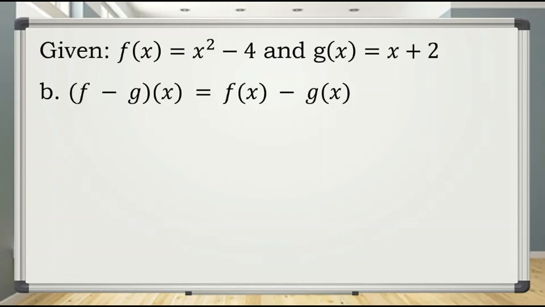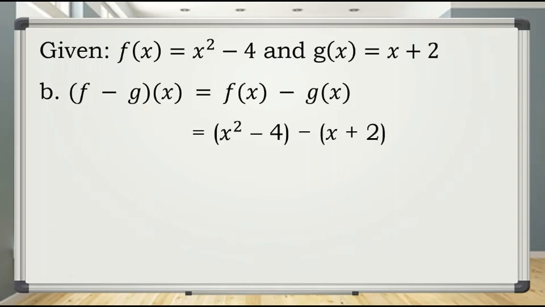So take f of x and then subtract the function g of x. Substitute lang natin yung given ng f of x, which is x squared minus 4. Bring down the minus sign, and then yung function ng g of x, which is x plus 2. In subtraction, order of expression matters. Why?